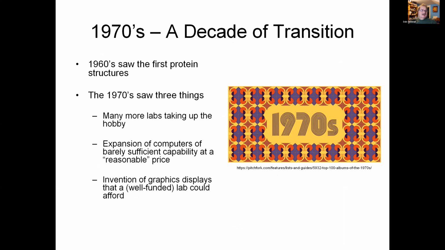If you remember, or I remember the talks that Helen Berman was doing last year on the 50th anniversary of the Protein Data Bank, 1972, there were 7 protein structures that had been solved, and she and other people were trying to figure out how can we preserve, how can we disseminate, how can we share these 7 structures. A lot of other people were looking at saying, wow, it is possible to solve structures.